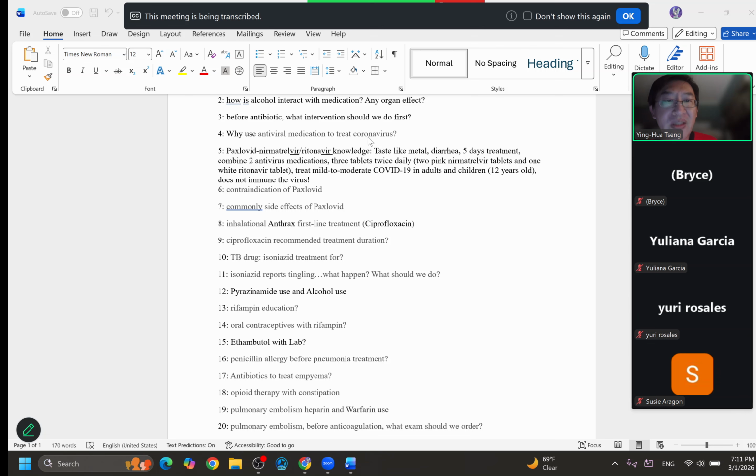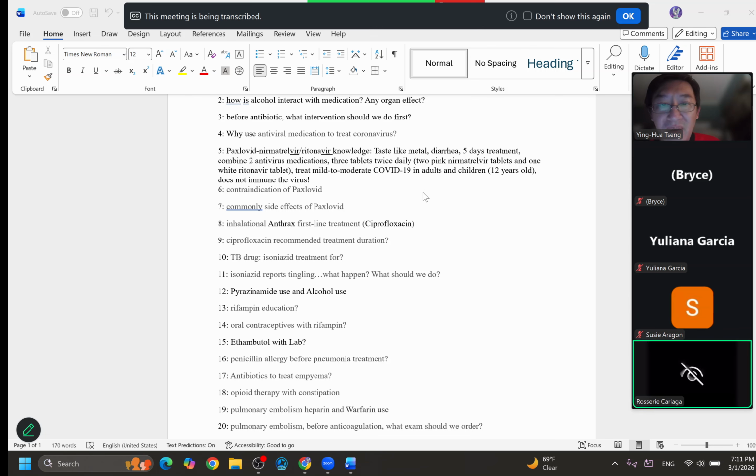Also, contraindication, for children below 12 years old, we do not use it. And another one, if a patient has severe COVID symptoms, that means we don't use Paxlovid. This is also a contraindication.